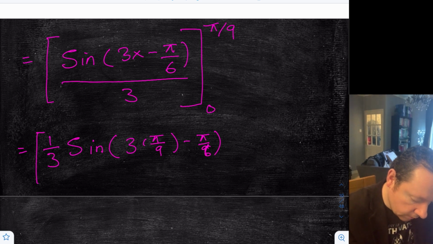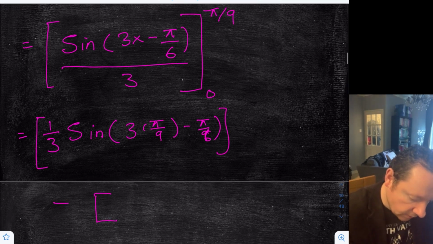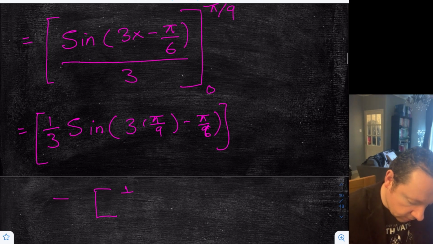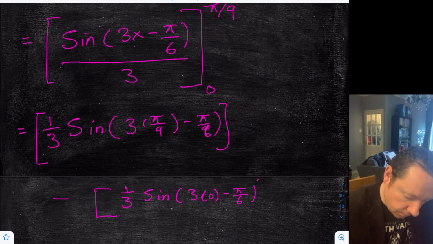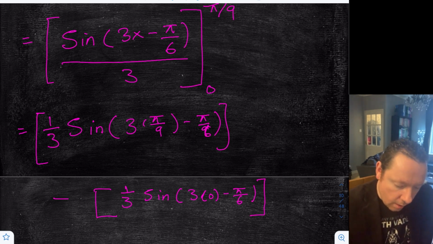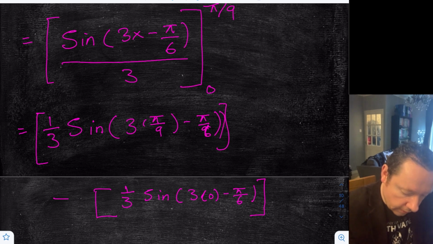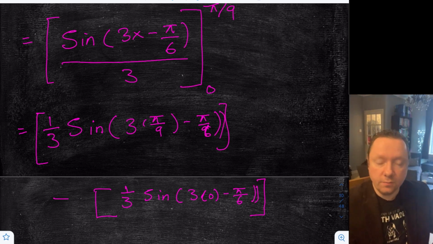That's our first one. Take away our second one, subbing 0 in. So that's a third. Sine 3 times 0 minus pi over 6. Okay, so we'll just tidy it up, put an extra bracket on. We can now just evaluate that.